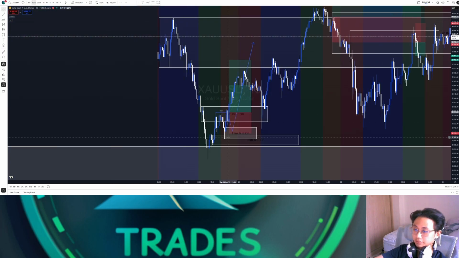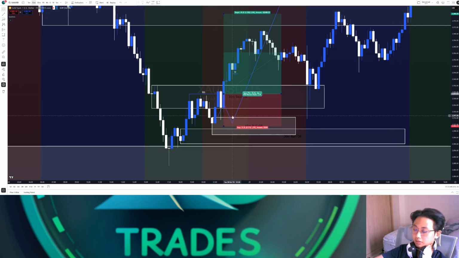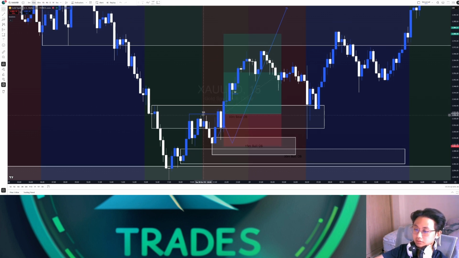Going down the lower time frame, we can see that we created a 15-minute bullish fair value gap, or this order block. Then here you can see that there's an actual buy side liquidity sweep, a double buy side liquidity sweep. So here it indicates to us that all the sell scenarios have been played out.